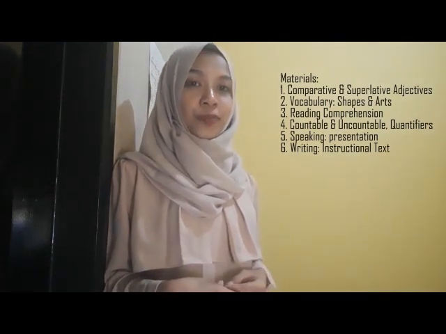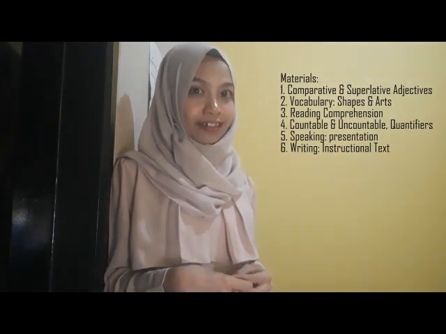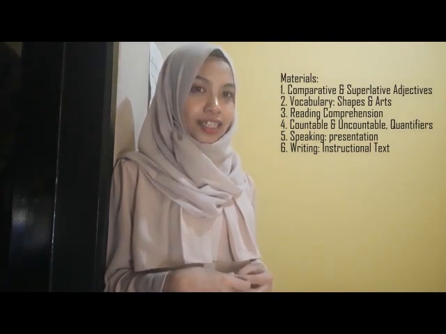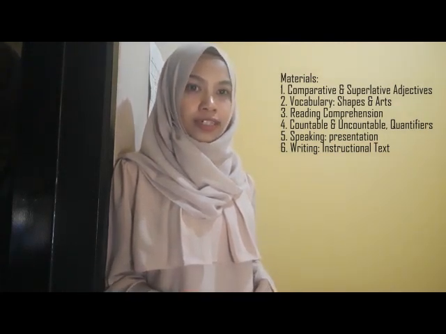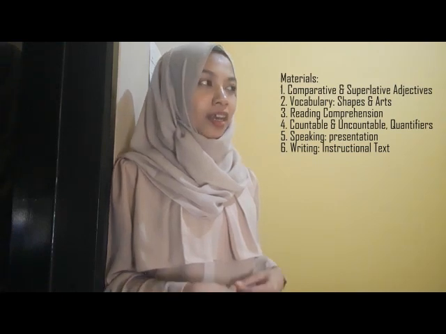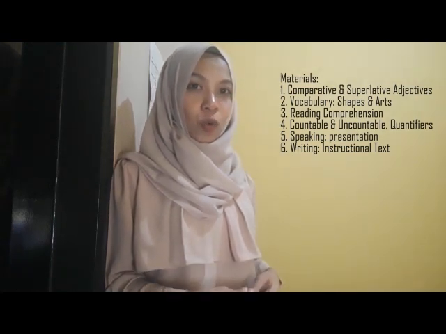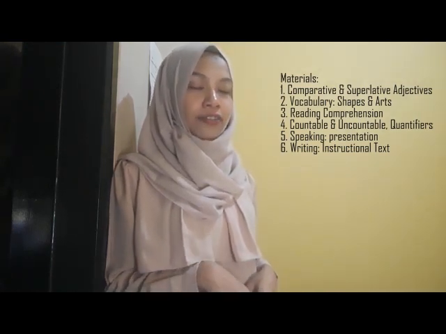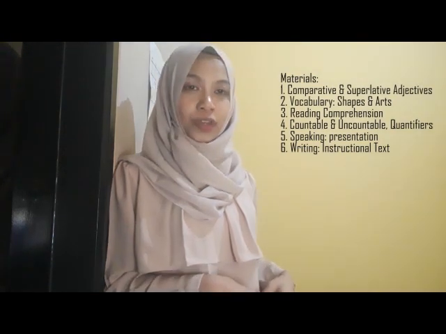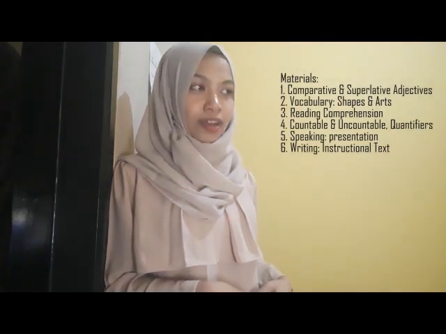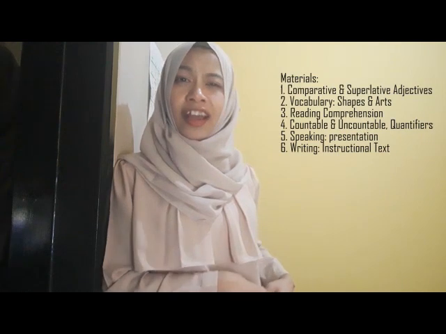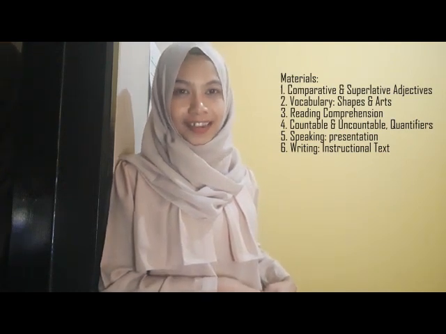We have reading comprehension, shapes in arts, and drawing a dinosaur, and we also learn syllable. We have learned quantifier. We have speaking sections and doing presentation, and the last one we have writing section, writing an instructional text. Let's review it one by one.